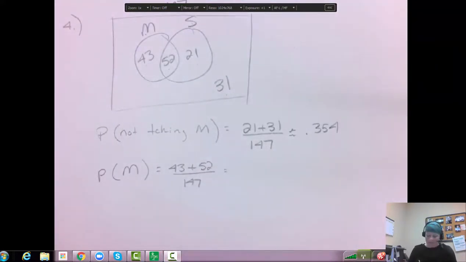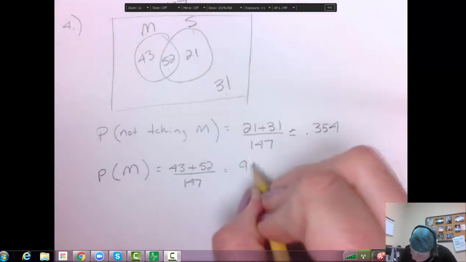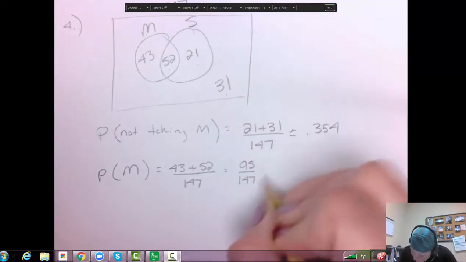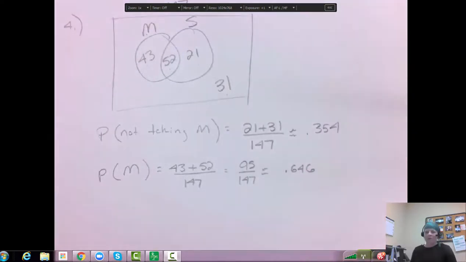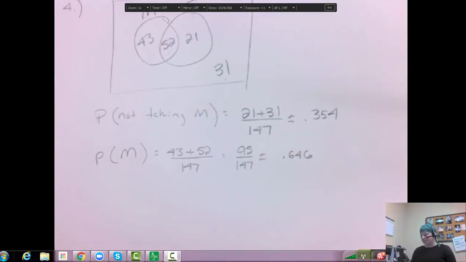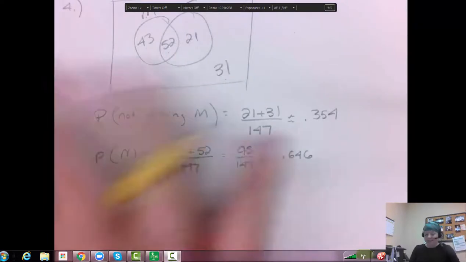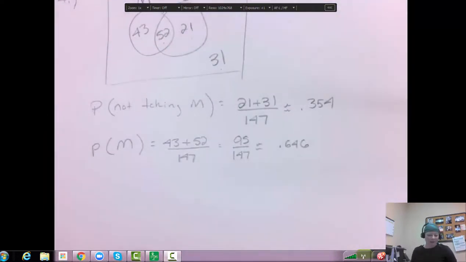Well, 43, I did not do the decimal in this one, plus 52 is 95. 95 divided by 147 is about 0.646 or 64.6%. So you get the idea. All right, so just reminding you how to get the numbers basically off of that Venn diagram.